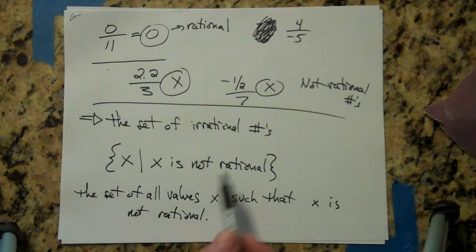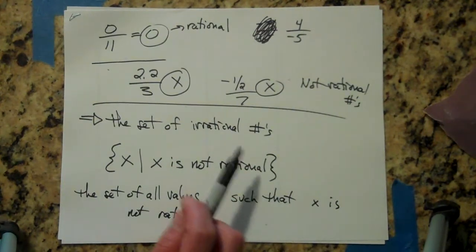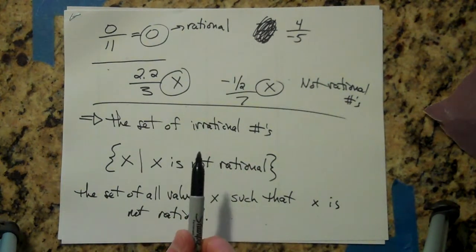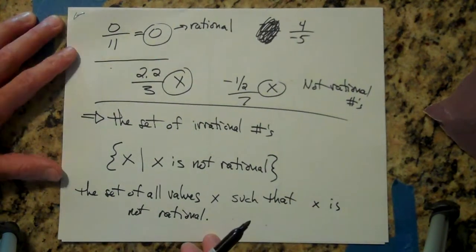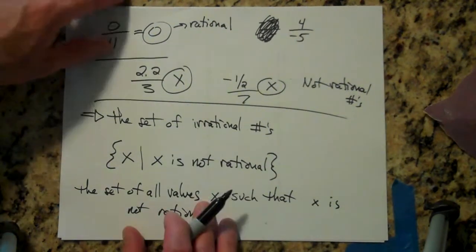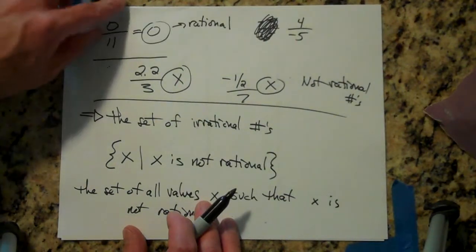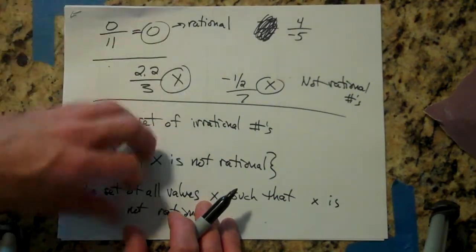And of course I'm assuming in the English language for negating rational we do irrational, right? That's one of those funny words. So let's do examples of irrational numbers to see what's going on.